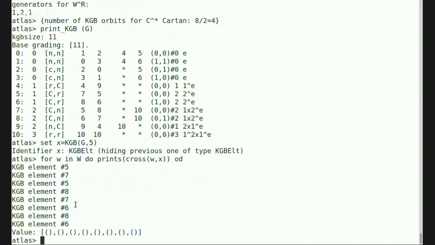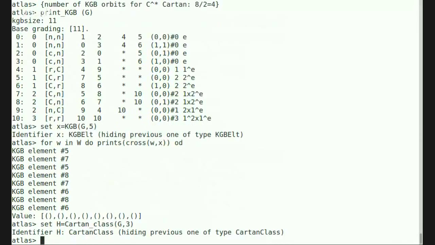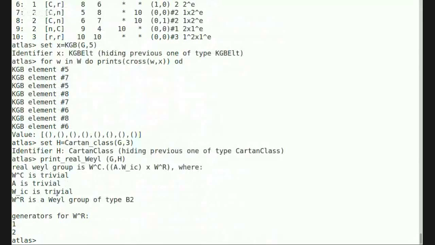Okay, and then it's sort of silly, I already did this, but just for completeness, if you look at the split Cartan, when you look at the real Weil group, it says that it is a Weil group of type B2, and B2 is C2, so of course this is 8, and so the number of orbits for the split Cartan is 8 divided by 8, which is 1.